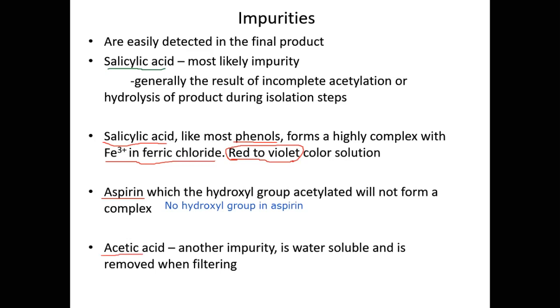Another main impurity is acetic acid, and this one's a very odorous impurity. When your reaction is occurring, you would smell the scent of vinegar, which is acetic acid. That indicates that the reaction is occurring because you're producing acetic acid, and it's very water soluble. This is a very common impurity in this type of reaction.